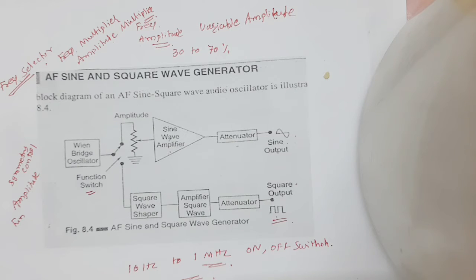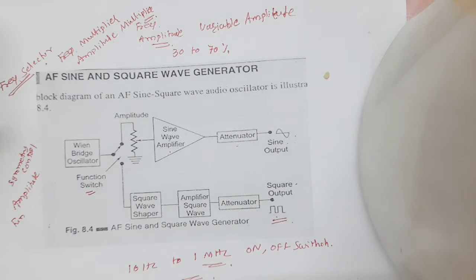That means here we produce the square wave, the sine wave, and the sawtooth wave. The function of the sawtooth wave, you just remember in CRO, the x-axis time-based circuit, we are applying the sawtooth wave there. So this is the main function of the sawtooth wave, which is coming from the function generator.